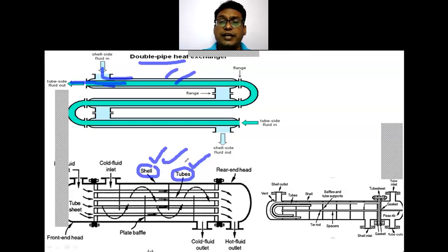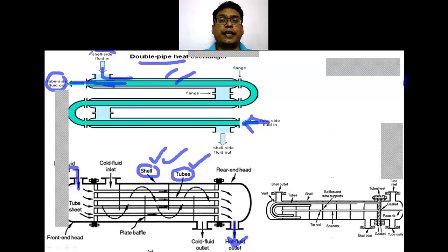In the shell and tube heat exchanger, there is one inlet and one outlet for one fluid. In this case also, there is a tube side fluid inlet and tube side fluid outlet, and a shell side fluid in and shell side fluid out.